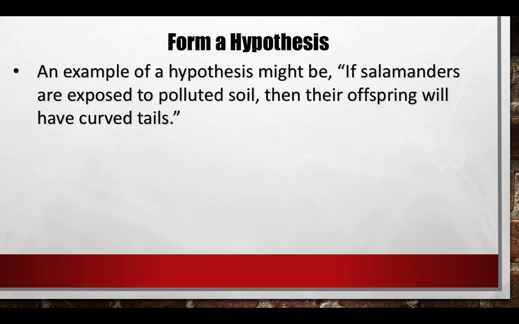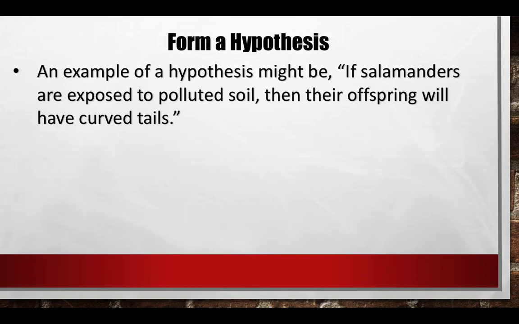An example of a hypothesis might be if salamanders are exposed to polluted soil, then their offspring will have curved tails. So this is our hypothesis, and if you remember, I said that a good hypothesis, or a correctly written hypothesis, will identify the independent variable, and it will also identify the dependent variable.